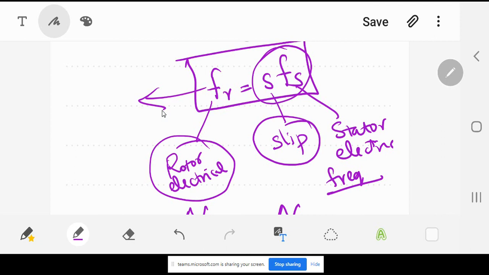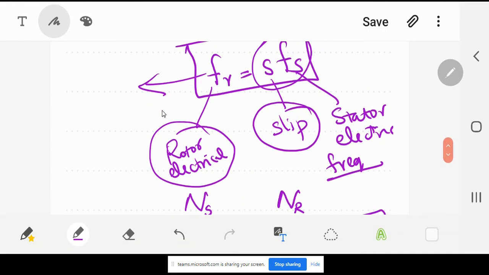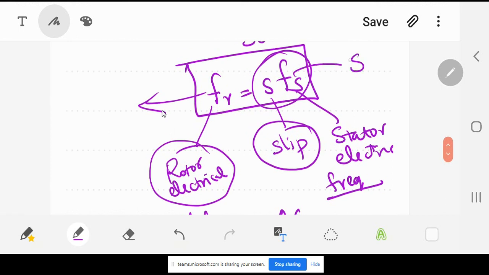But just for now, the rotor electrical frequency is dependent upon S, the slip, multiplied by the stator electrical frequency, which will always remain 50 hertz if we are in Pakistan, or 60 hertz elsewhere. So this rotor electrical frequency would be something in the range of 1 to 5 hertz.